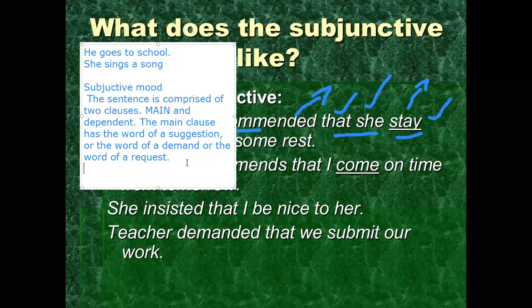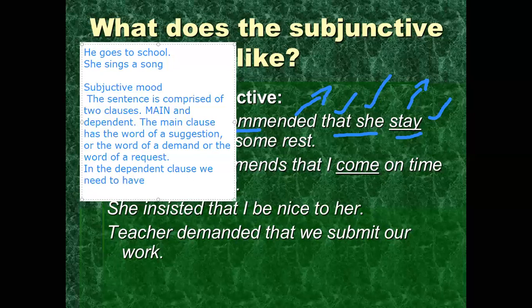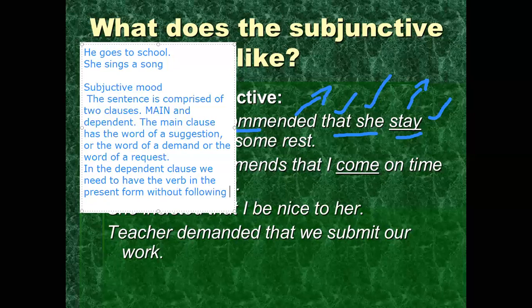that in the dependent clause, we need to have the verb in the present form without following the normal, usual rules for the verb subject agreement.